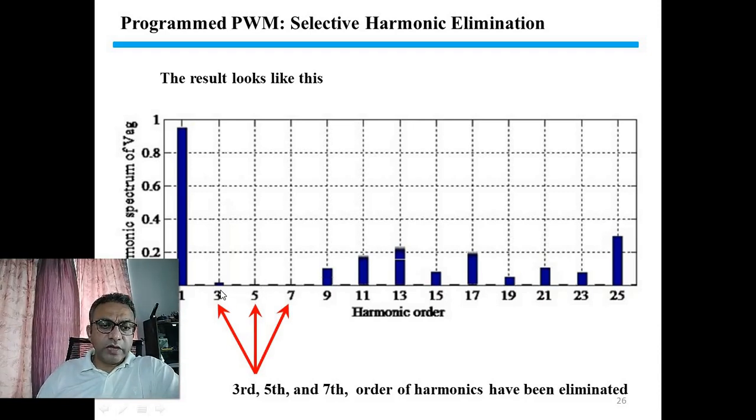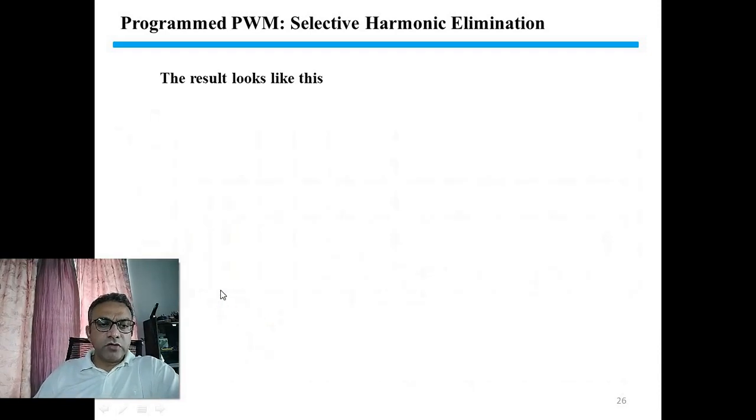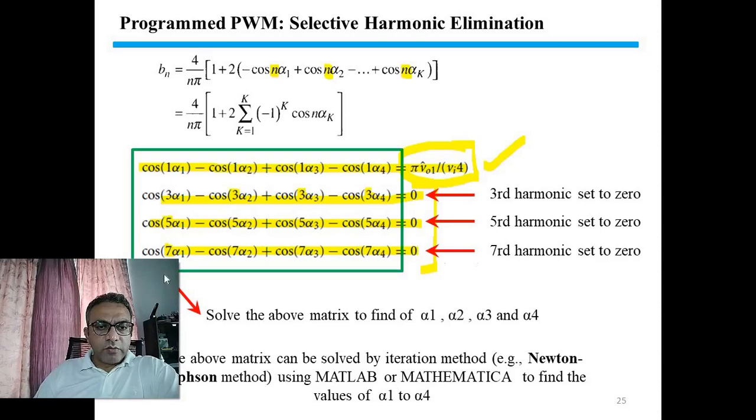Why have they been eliminated? Because we purposely set the third, the fifth, and the seventh to equal 0. We wanted angles alpha 1, alpha 2, alpha 3, and alpha 4 such that these four equations are true, such that the third, the fifth, and the seventh harmonics are 0.